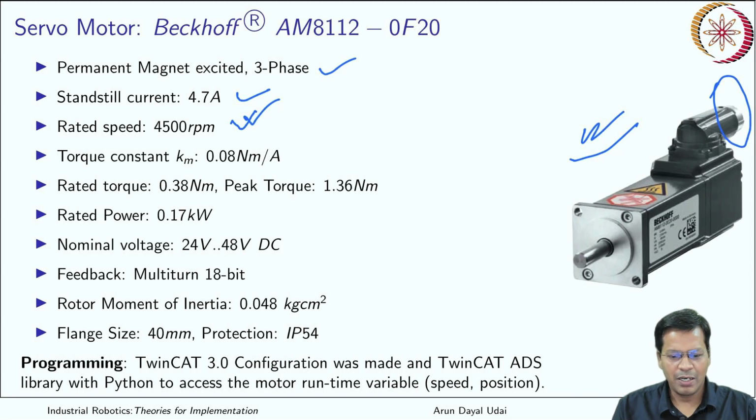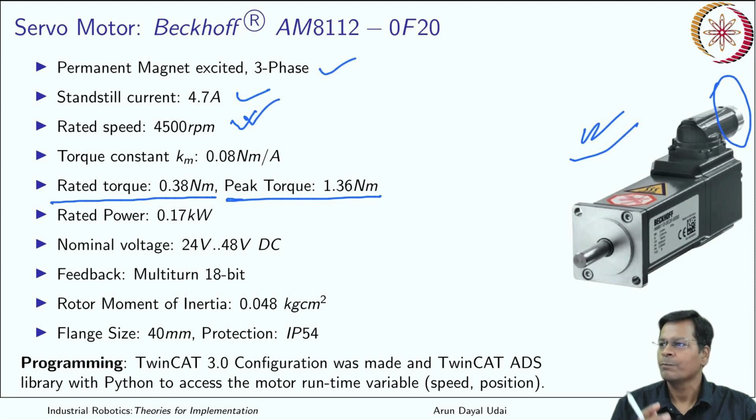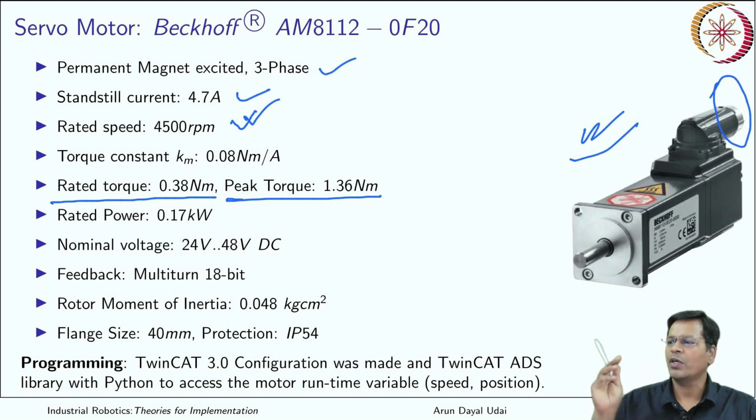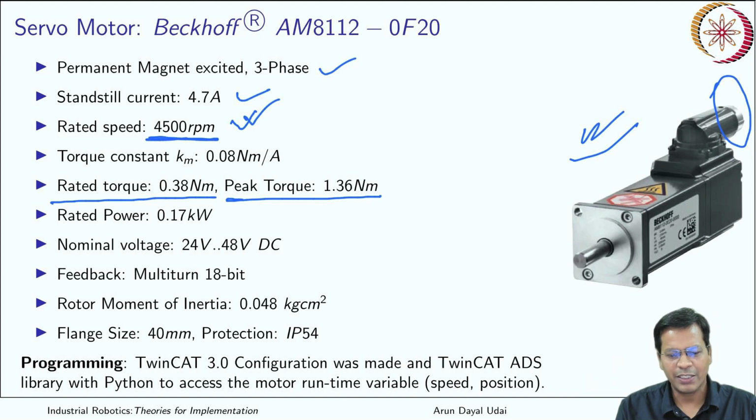You see the maximum torque which it can provide, the peak one, is 1.36 Newton meter, whereas it is rated at 0.38 Newton meter only. So this much is not sufficient to drive industrial robots. If you have something around 100 times gear reduction, this is approximately going to give you 38 Newton meter of torque.